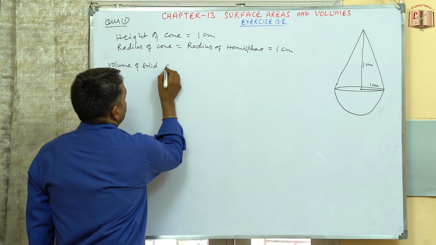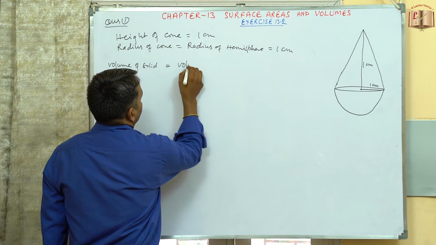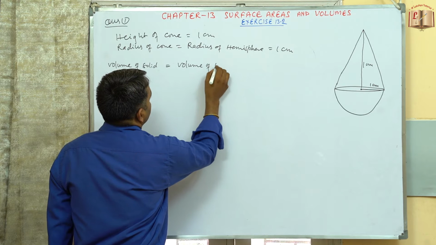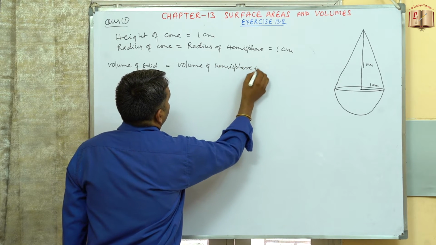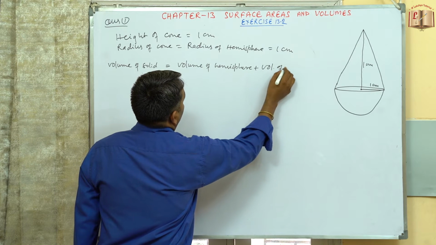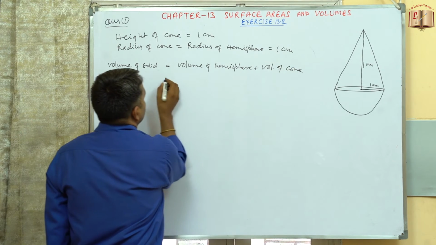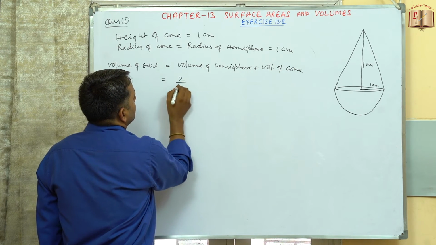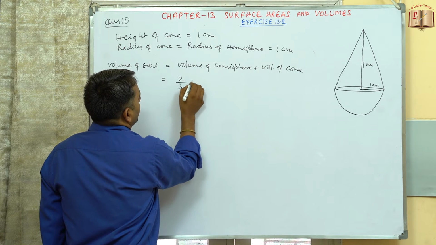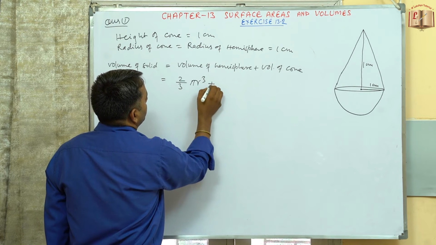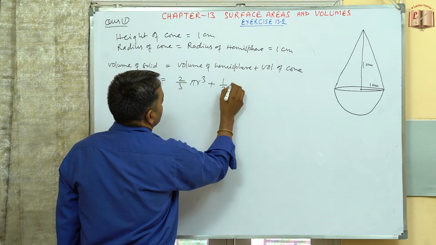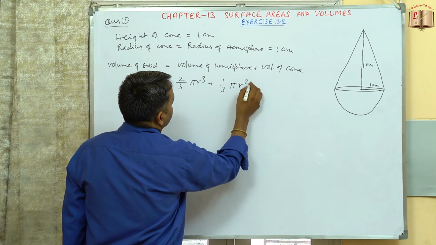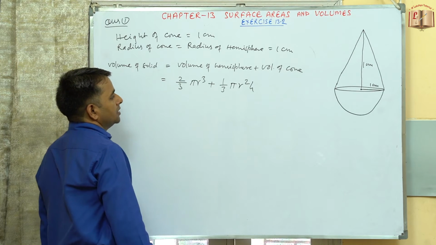So this will be the volume of hemisphere plus volume of cone. So volume of hemisphere is 2 by 3 pi r cube plus volume of cone is 1 upon 3 pi r square h.